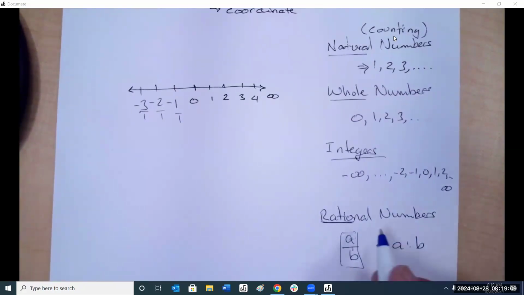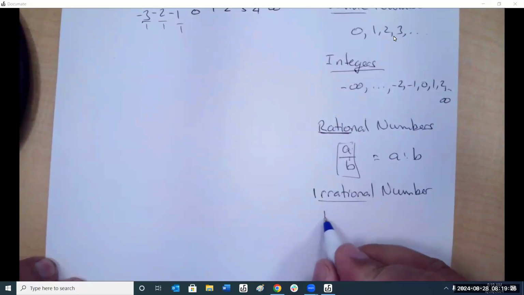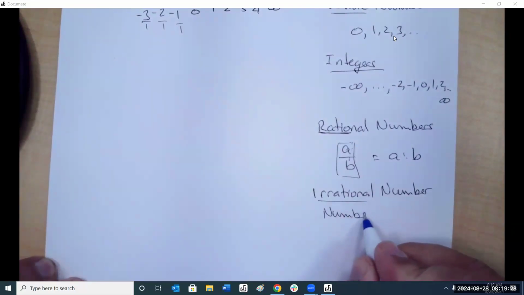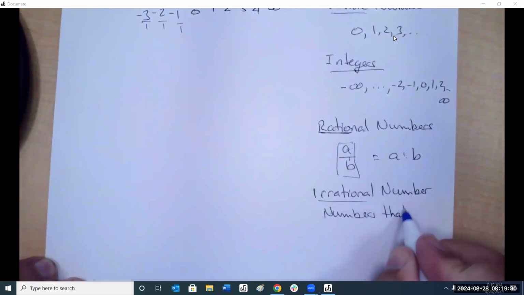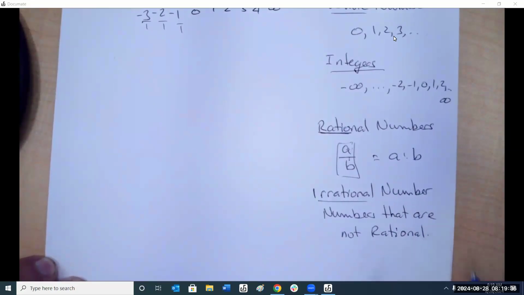Irrational number. Actually, there's a more mathematical definition for a rational number. Mathematicians are not too creative. Numbers that are not rational. That's how they defined it.